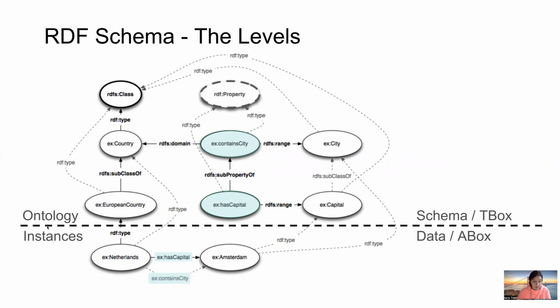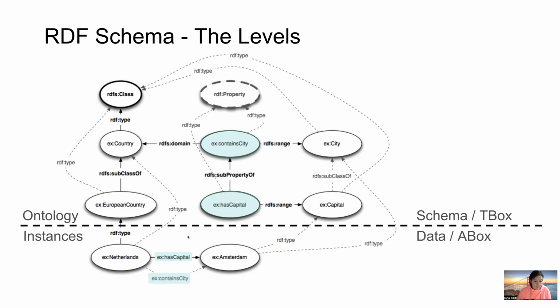Anything that represents instances of the classes and the actual relationships between them is called the data level, the assertion box, the box where we assert facts, or the instance level. You always need to remember this distinction, especially because domain and range and properties as classes appear in the T-box, never in the A-box.